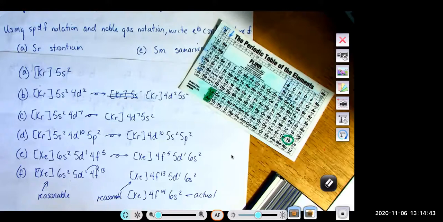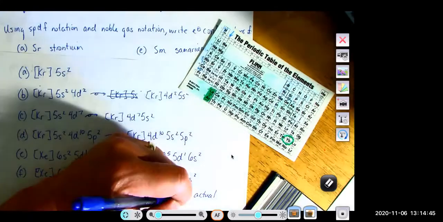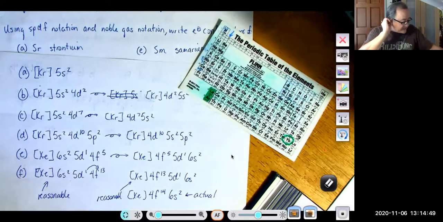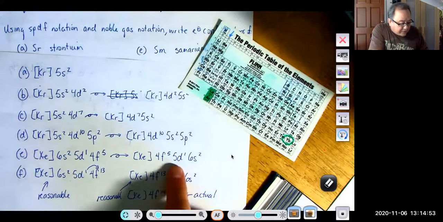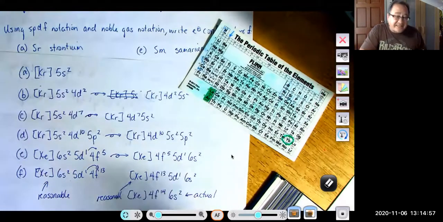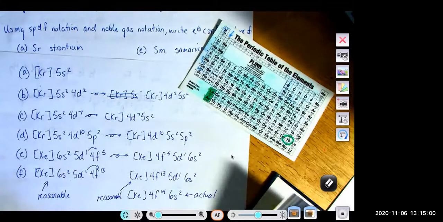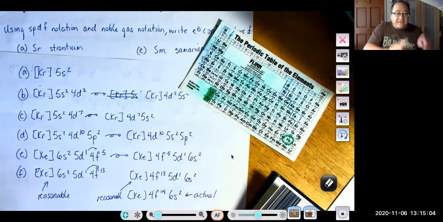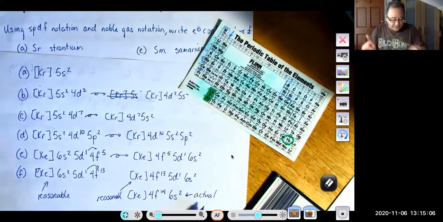Is that the same with samarium? If you take this electron and put it here, it's 4f6. It would be better if it were 4f7, because 4f7 means you have one electron in every orbital.